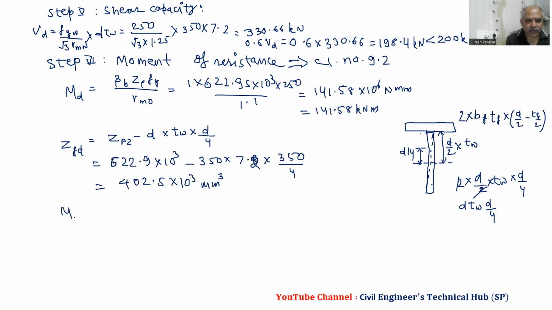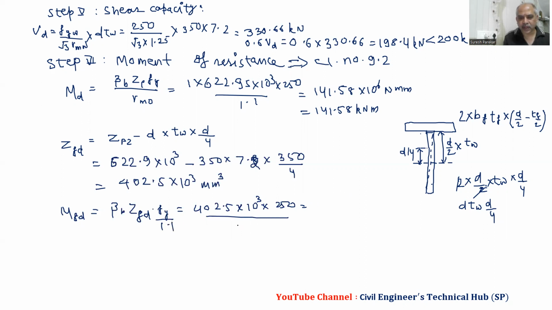And then if you find MFD, then you will have this as beta B ZFD into Fy, so 402.5 into 10 raised to 3 multiplied by 250, upon 1.1.